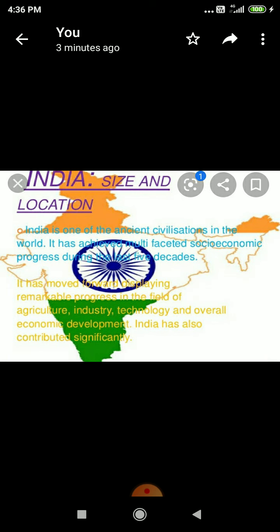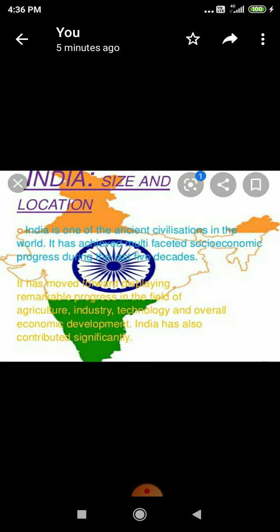India entirely lies in the northern hemisphere between the latitudes 8 degrees 4 minutes north and 37 degrees 6 minutes north, and longitudes 68 degrees 7 minutes east and 97 degrees 25 minutes east.